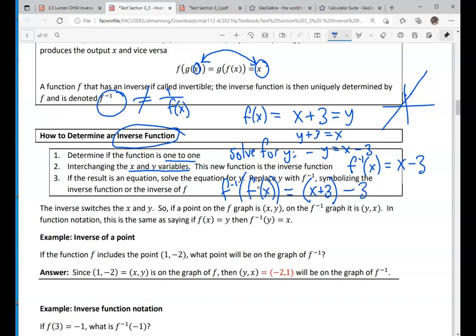And what do I get out? x. F inverse of the original function, if it's the correct inverse, will always give me back the x I started with. That's the whole thing about inverse. It takes you back to the x you started with.